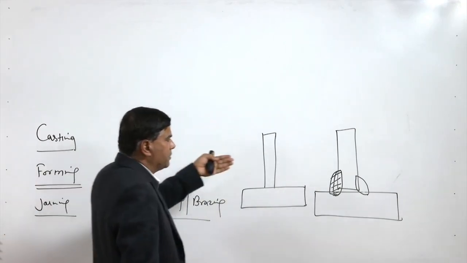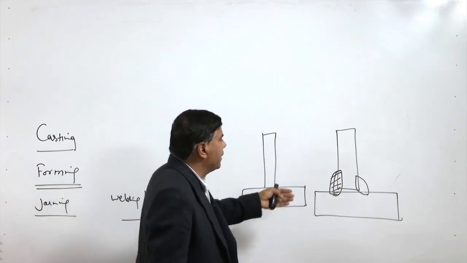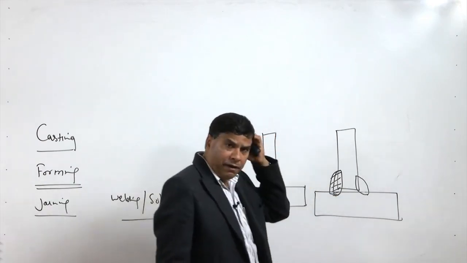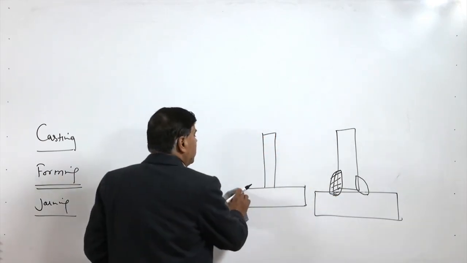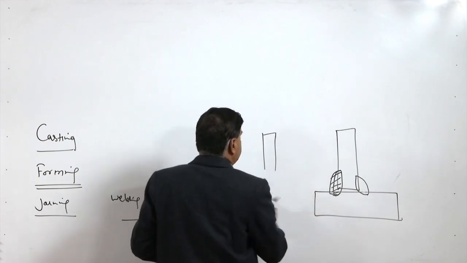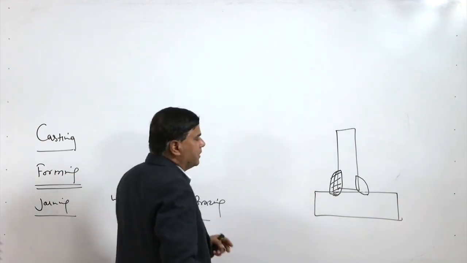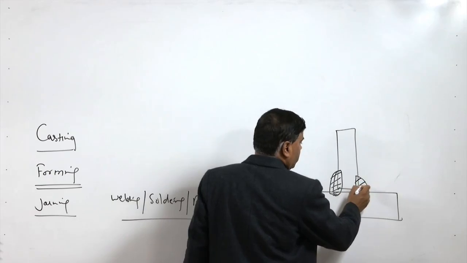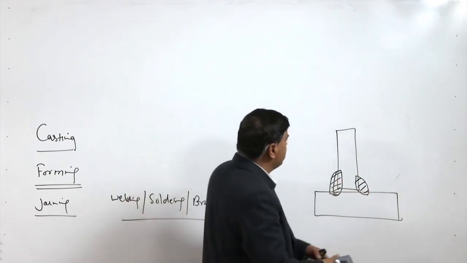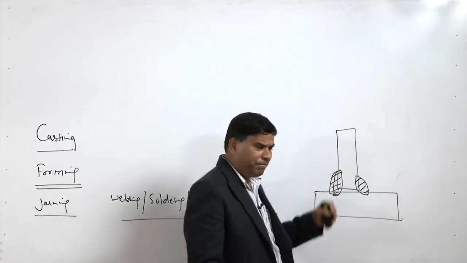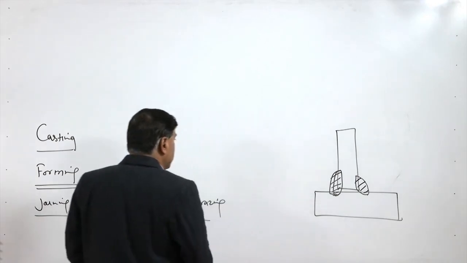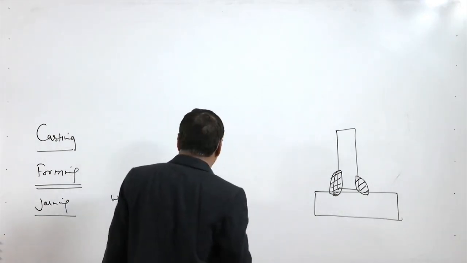Of course, it can be done using casting, but if the material is not favorable for casting due to the thermal properties or due to its melting point and the way by which it responds to the heat, it is better that it is made in simple shapes and then they are joined together. So, this is the case when fusion is possible.